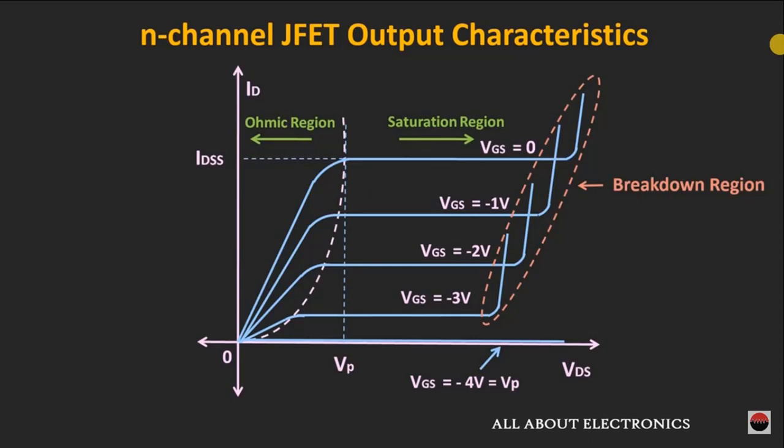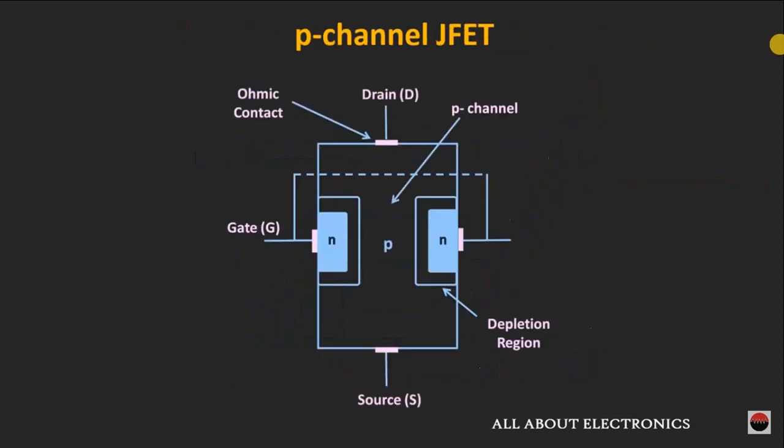Now so far in our discussion, we have only discussed the N-channel JFET, but the P-channel JFET also works in a similar way. So in case of this P-channel JFET, the channel is made up of P-type semiconductor, and the 2 small N-type regions are fabricated near this channel. And in case of a P-channel JFET, now the polarity of the biasing voltage is also reversed.